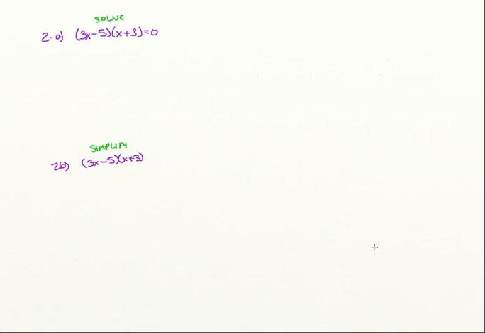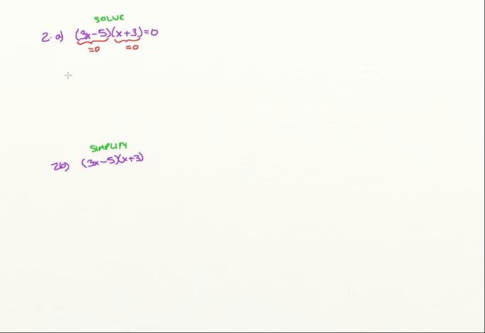Question 2. Perform the indicated operations. 2a is solve 3x minus 5 times x plus 3 equals 0. And we're also going to do 2b, which is simplify 3x minus 5 times x plus 3. When we're solving, we are looking for the roots or the solutions or the zeros. So this is where we say this first term could equal 0, or this second term could equal 0.